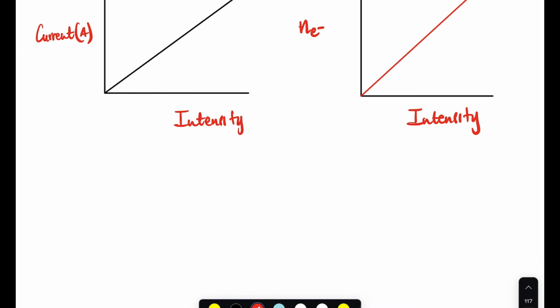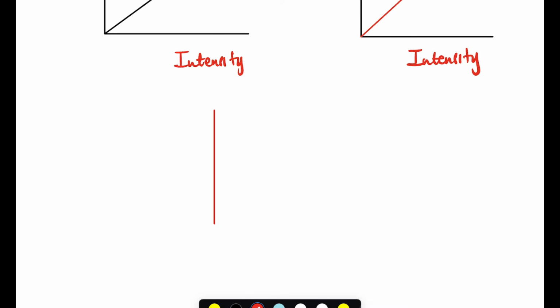And there's another graph here. It's a graph of the kinetic energy and the work function. Kinetic energy maximum, in joules, against the work function, which is just an energy, the energy of the light.